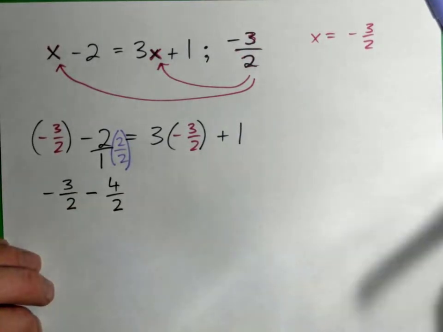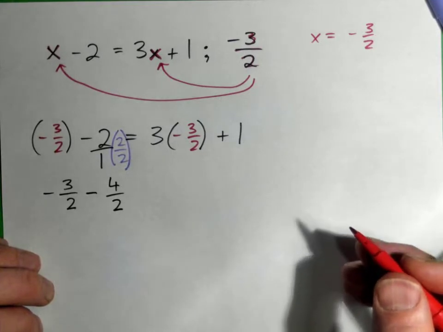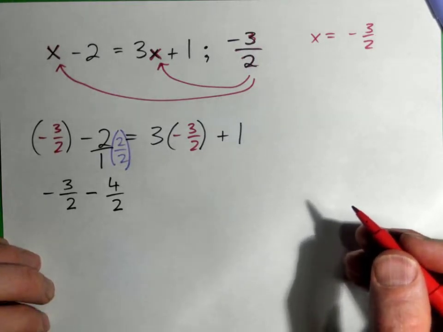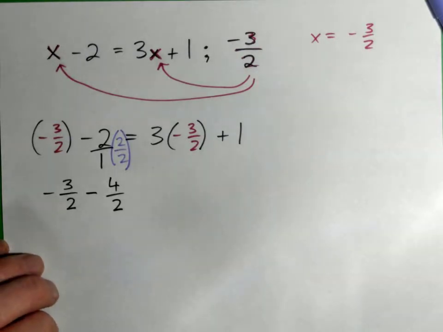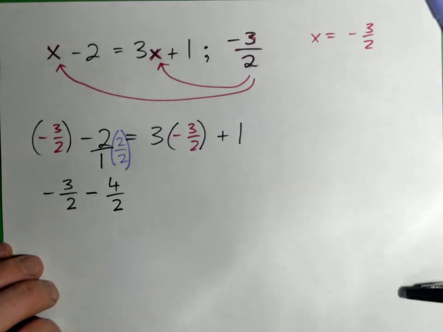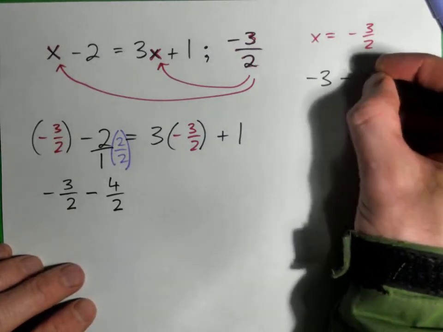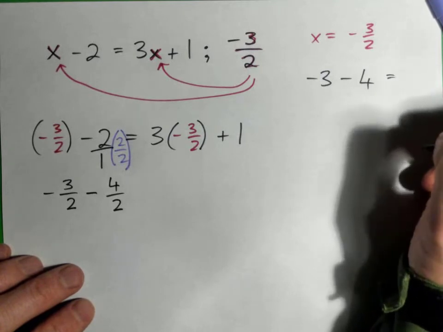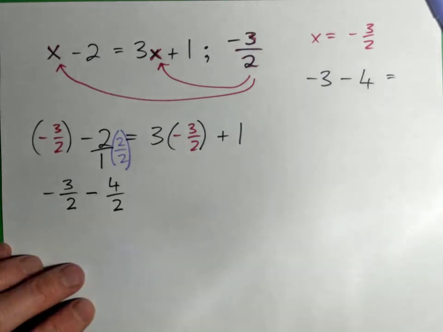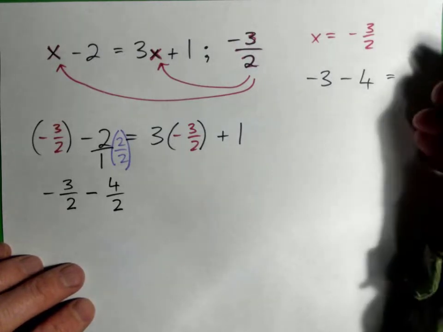It's kind of like just having negatives. What's negative 3 minus 4? Negative 7, right?